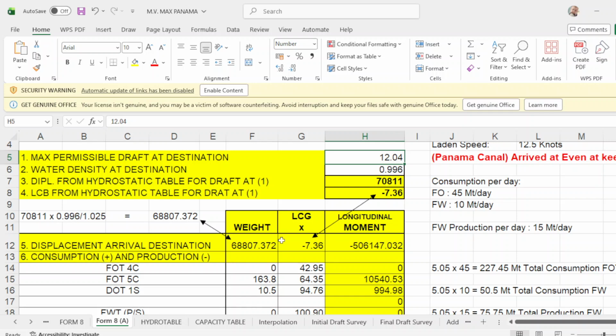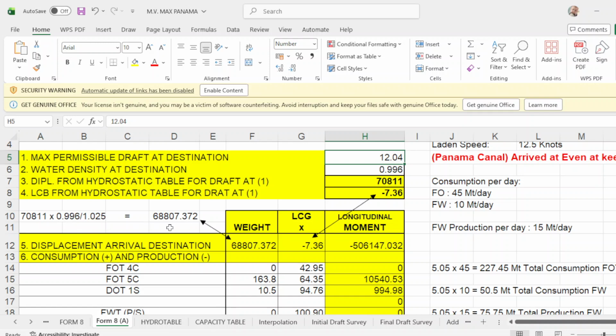Take note, the seawater displacement is less than your dock water displacement in Panama. So dock water displacement is bigger than your seawater displacement. Okay, so this is the formula: displacement times local density in Panama over 1.025.